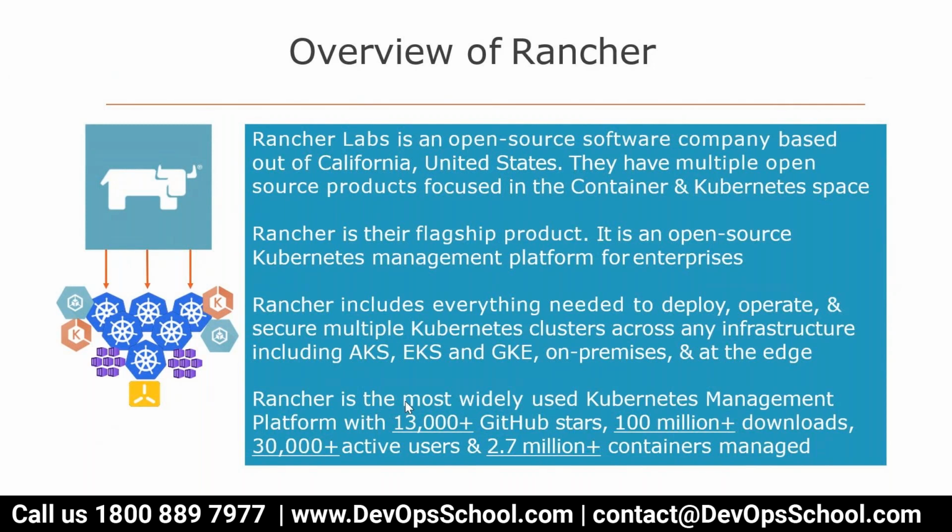Rancher includes everything needed to deploy, operate, and secure multiple Kubernetes clusters across any infrastructure, including AKS, EKS, and GKE, on premises and the edge. It is the most widely used Kubernetes cluster platform with 13,000 GitHub stars and so on.